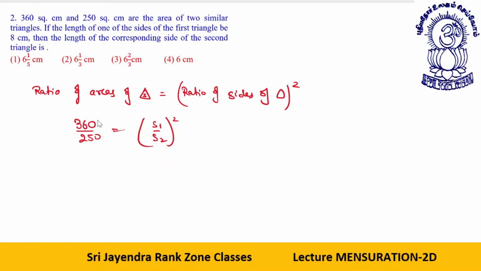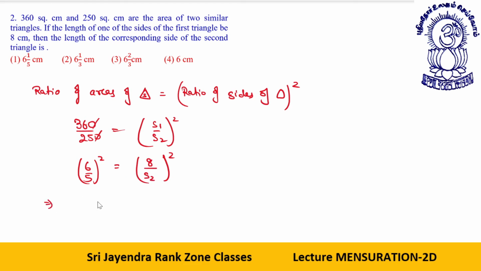The zeros cancel, so 36 by 25, that is (6 by 5) square, is equal to (S1 by S2) square.